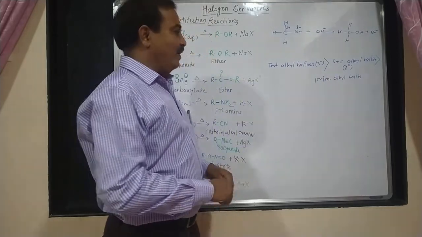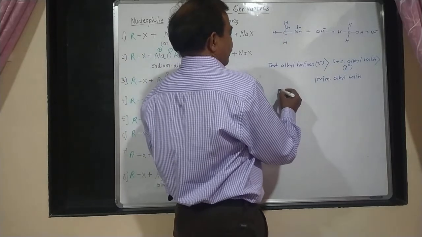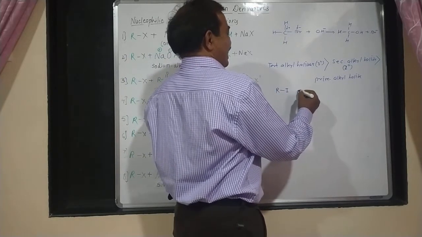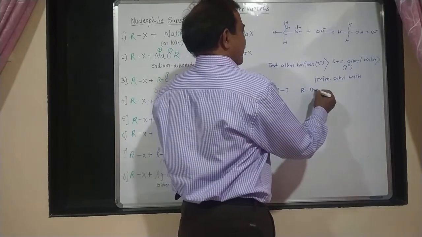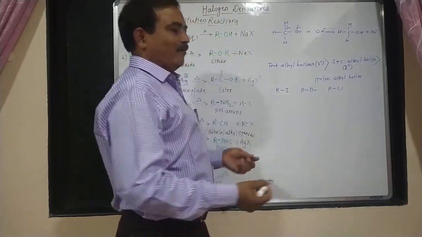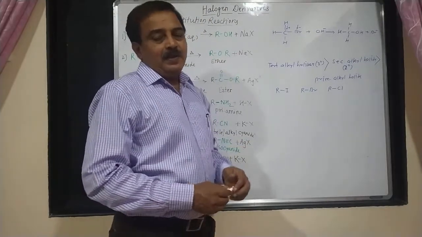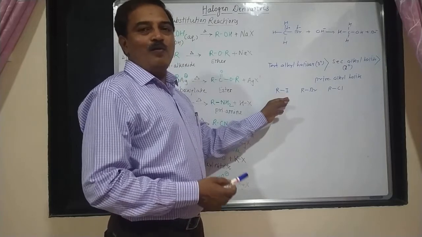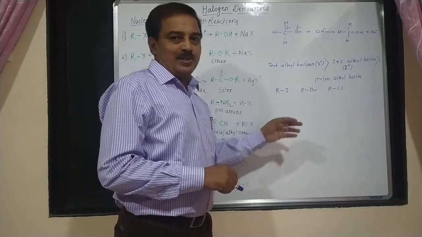Okay, now there are different alkyl halogens also. Suppose I have RI, RBr and RCl. What will be the order between them? Which alkyl halogen will undergo a faster nucleophilic substitution reaction?